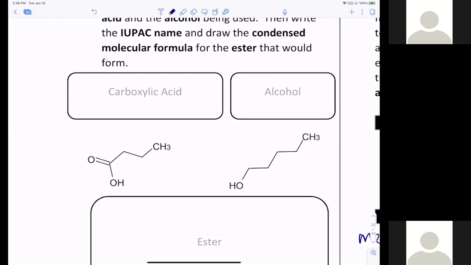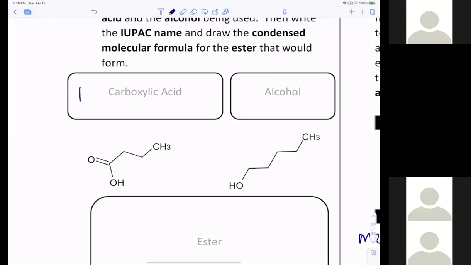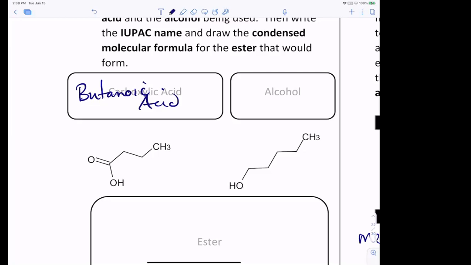Grace, what's the acid's name? Butanoic acid. Mm-hmm. And Vanessa, the alcohol? Pentane 1-ol. Yep.